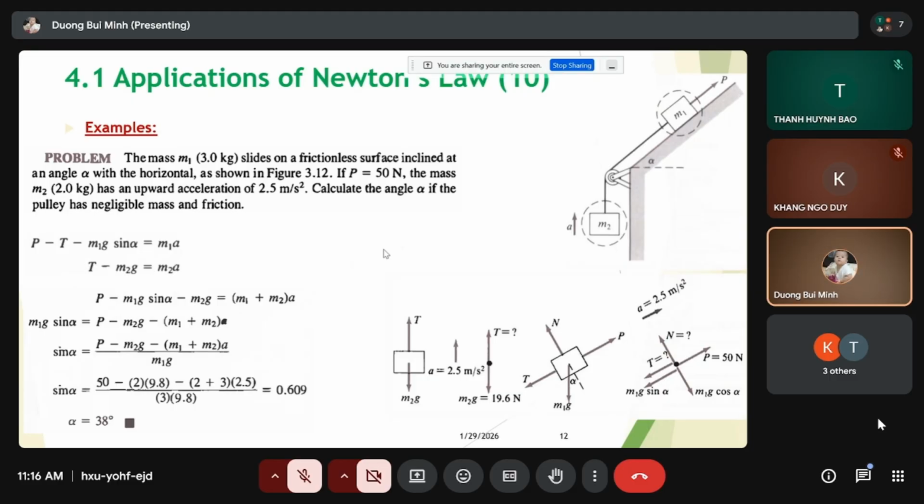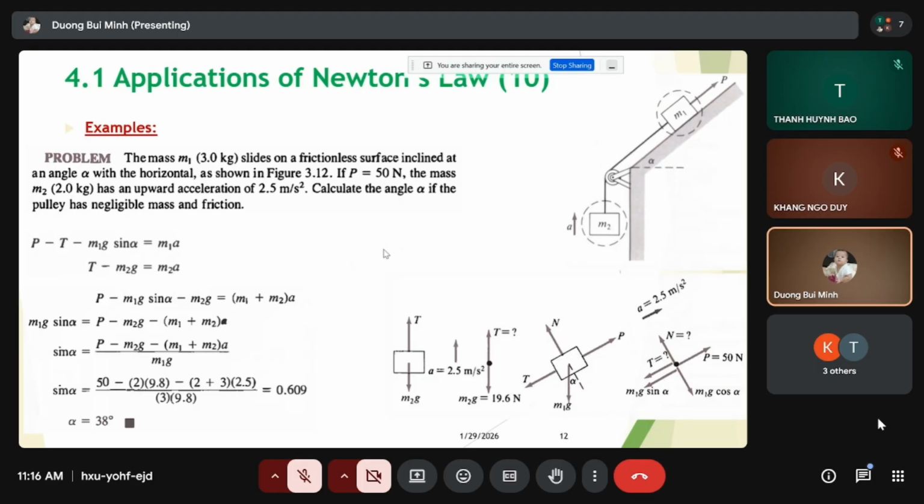Question 1. We consider x over commas. X over comma we have b minus m1 g sine alpha is m1.